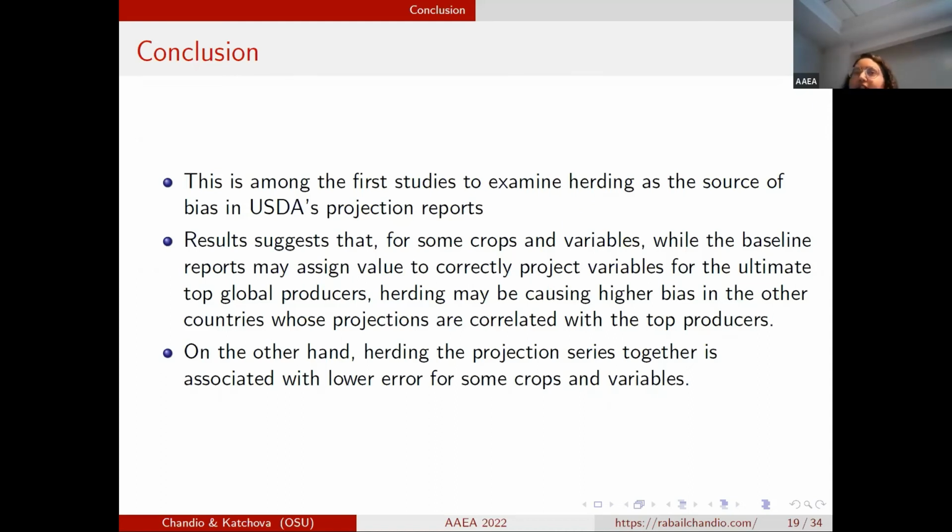The short-term forecasts have been studied much more than the international ones, but the international ones contribute to farm bills and go into presidential budgeting. So they're also a very important source of information used in informing agricultural policy in the US. That is why studying their error is imperative. That's all.